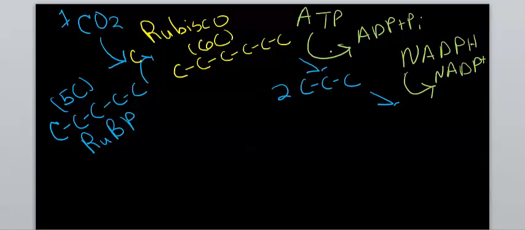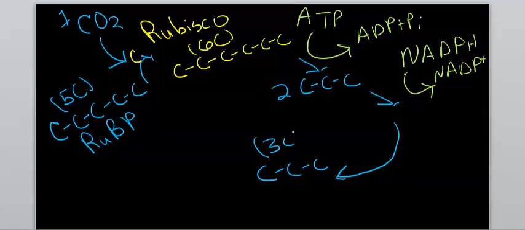And they're different ones. The 3 carbon molecule here is not the same 3 carbon molecule here, but eventually it becomes this 3 carbon molecule. Remember, we have 2 of them, and it's known as G3P, glyceraldehyde 3-phosphate. And the only reason I mentioned that one by name is that it's going to reappear again later in this chapter.